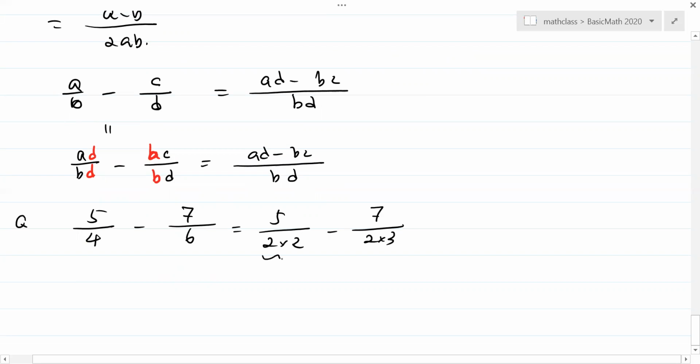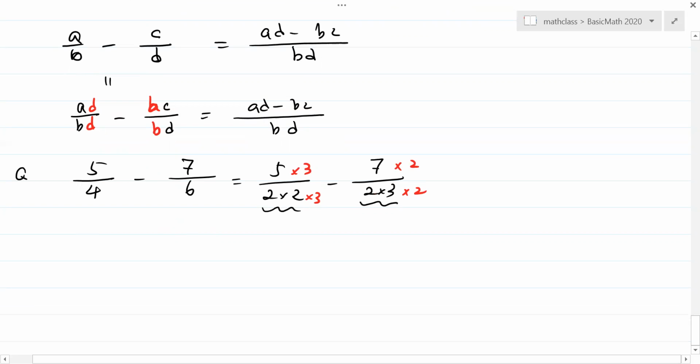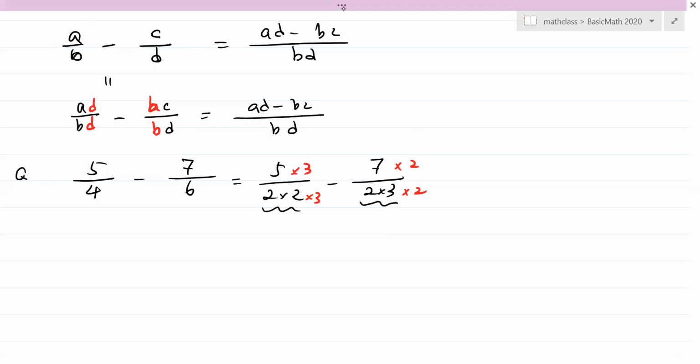Now you compare 2 times 2 and 2 times 3. In order to make them have a common denominator, I need a 3 here, so multiply by 3, and I need to multiply the other by 2. Then I can solve the problem.